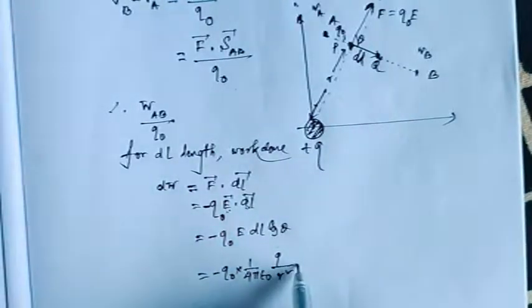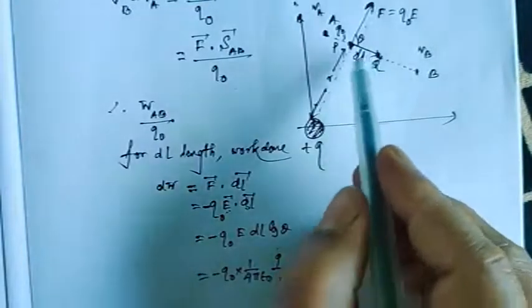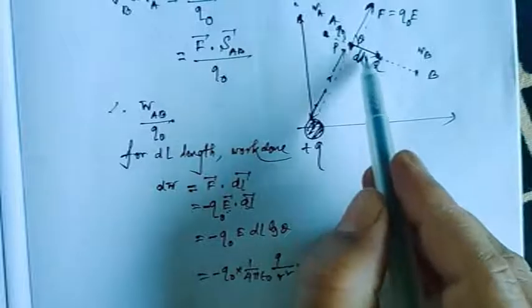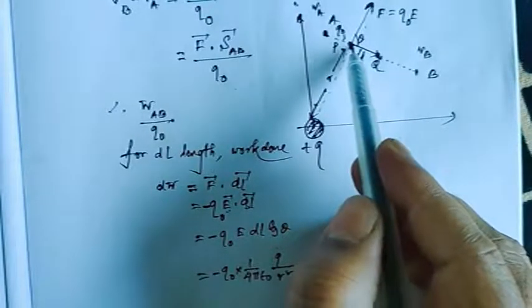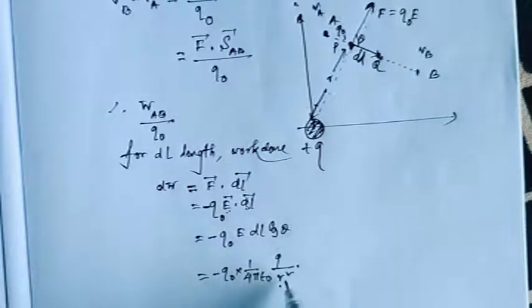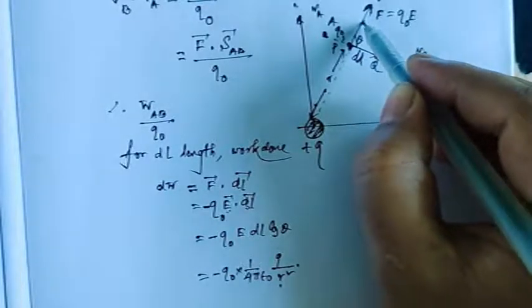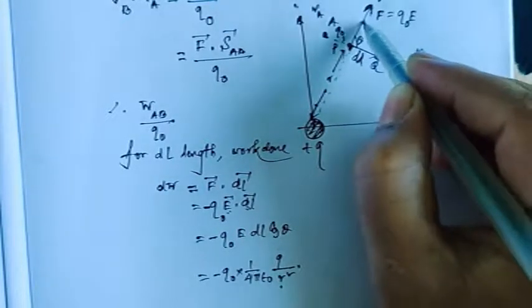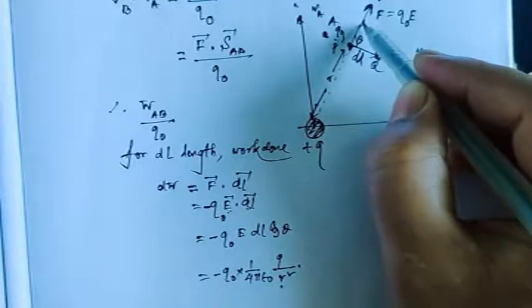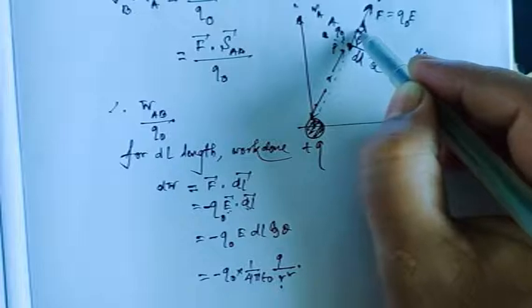And dl cos theta, look at this please. Here is theta, this is dl, but force is along this direction. Here is r square. If we want to integrate it, then we have to consider this dl in the form of dr. So from this point draw one perpendicular. Let us assume this is the perpendicular 90 degree.